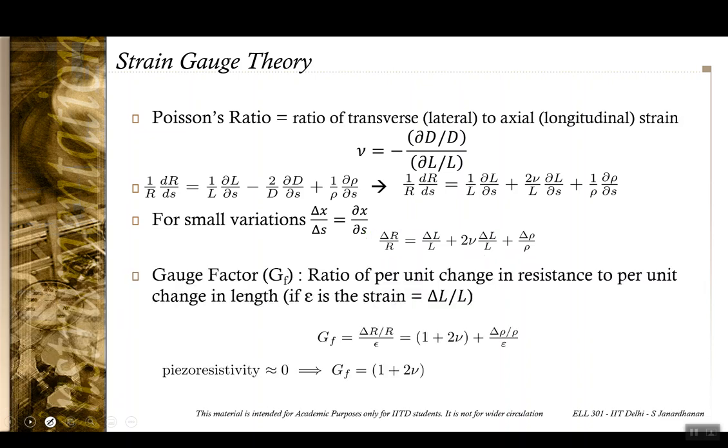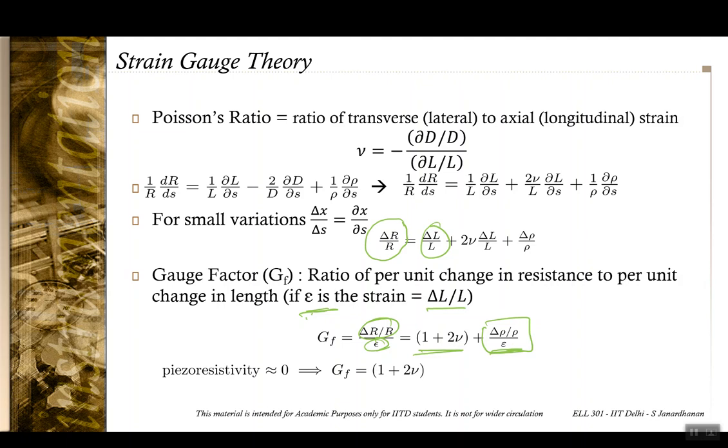Now you have this concept of a gauge factor, which is the ratio of per unit change in resistance to per unit change in length. So it is basically relating ΔR/R with ΔL/L, where ΔL/L is the strain ε. So the gauge factor is actually (ΔR/R)/ε, which if you substitute is going to be 1 + 2ν + (Δρ/ρ)/ε.